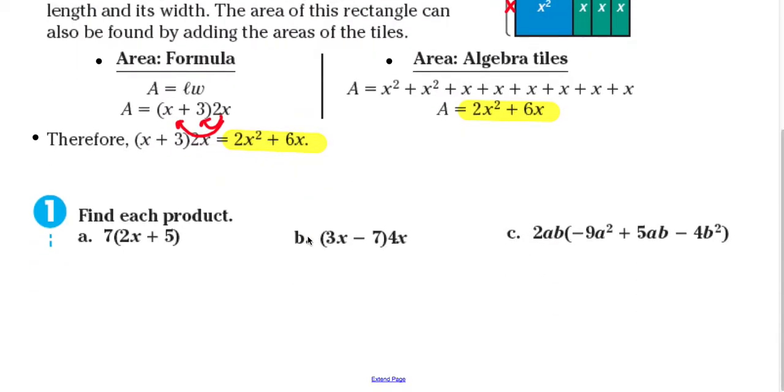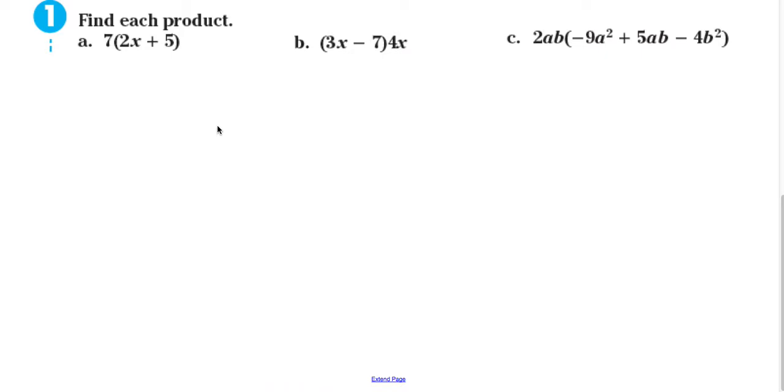Let's say we want to find each product. Let me extend this page, I have more space. We want to find the product of 7 times 2x plus 5. To be able to do that, again, we use the distributive property. We distribute 7 times 2x, so this becomes 7 times 2x.